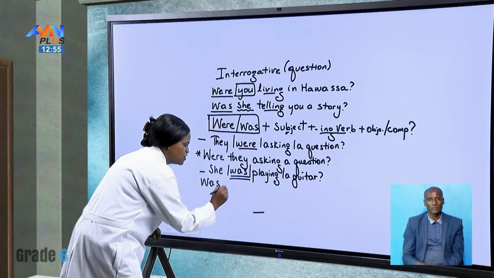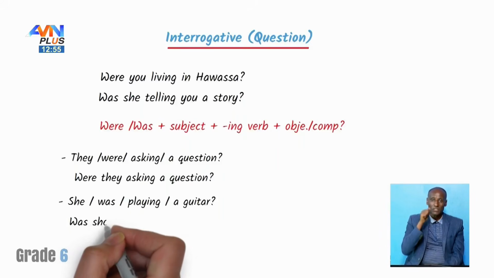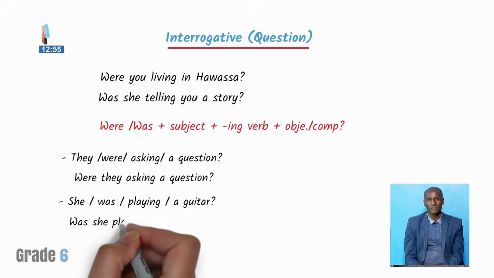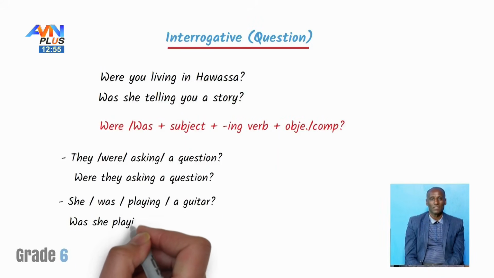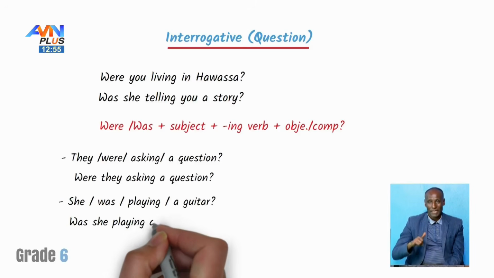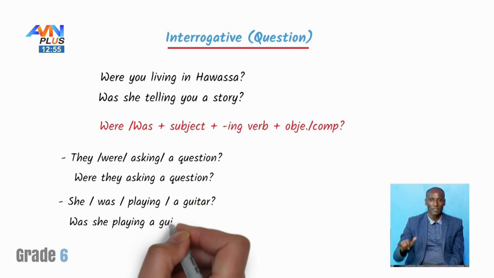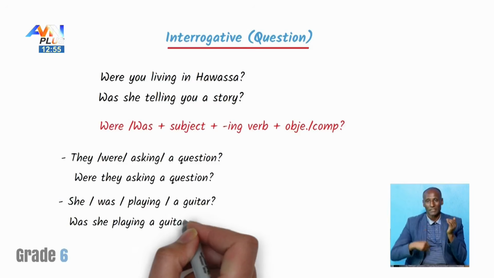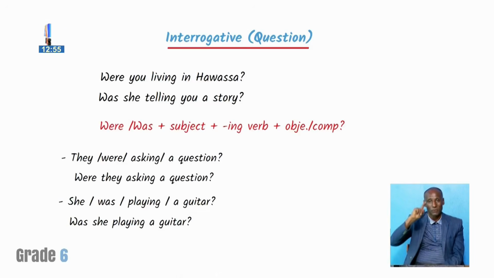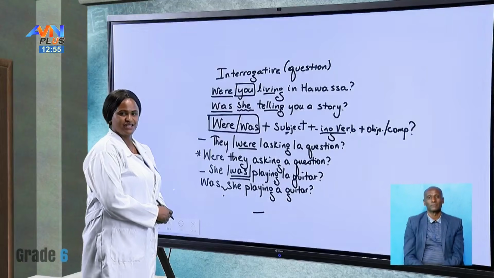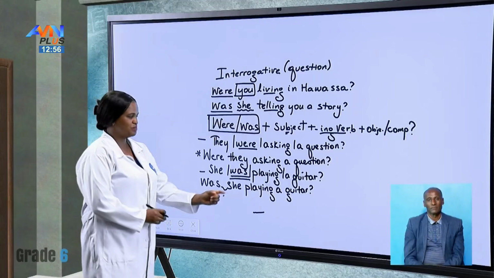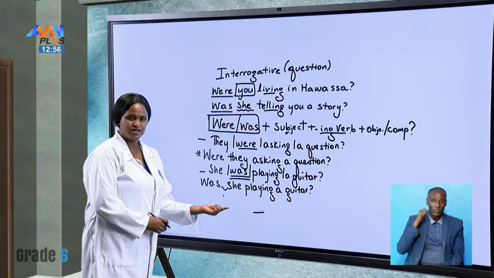The subject. Was she, right? Was she, our verb, playing a guitar? Then, question mark. Was she playing a guitar?